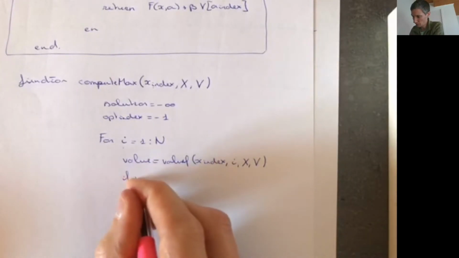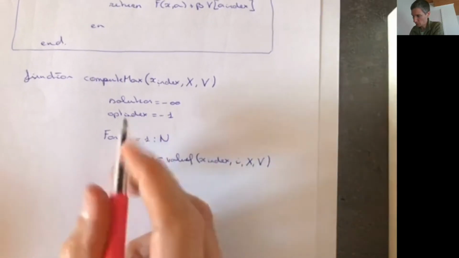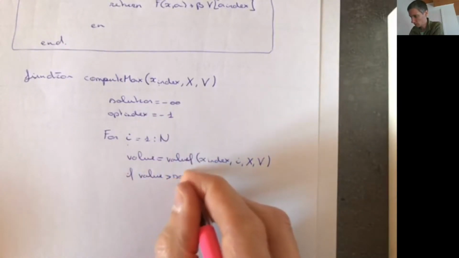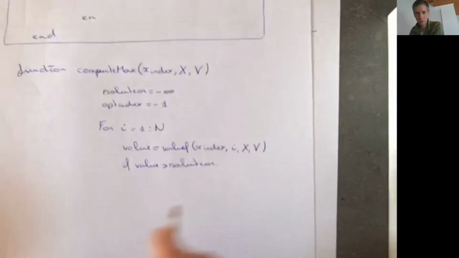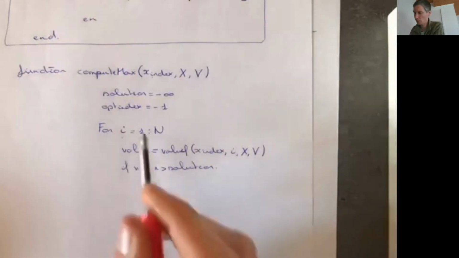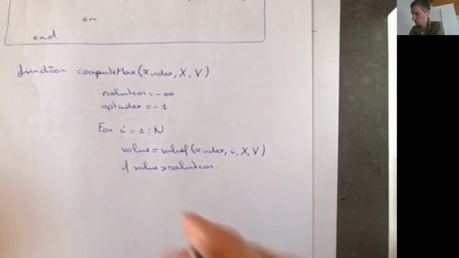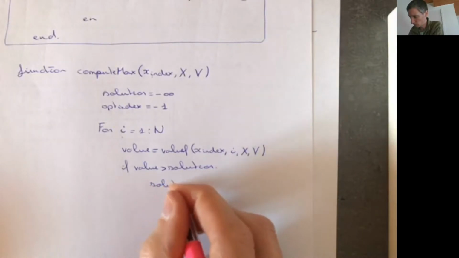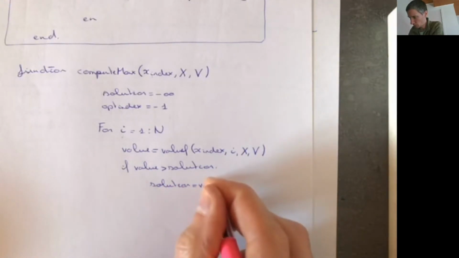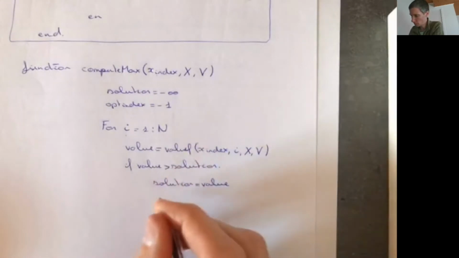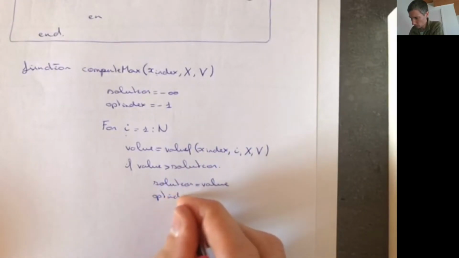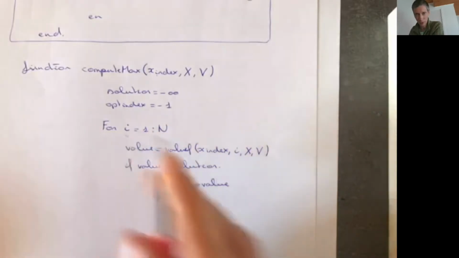And then if value is bigger than solution, right, so I have found a value that's better than the solution I have until now, I'm going to put solution equal to value and also put optimal index equal to i here.